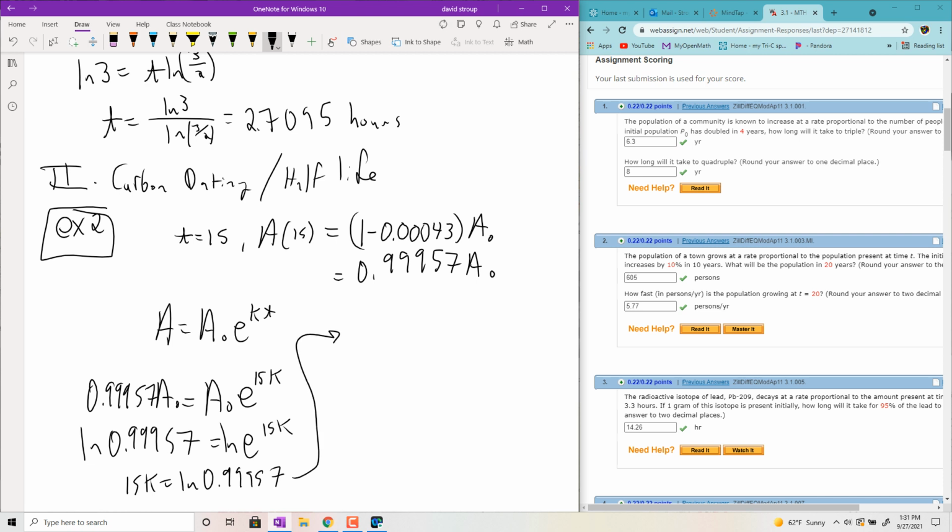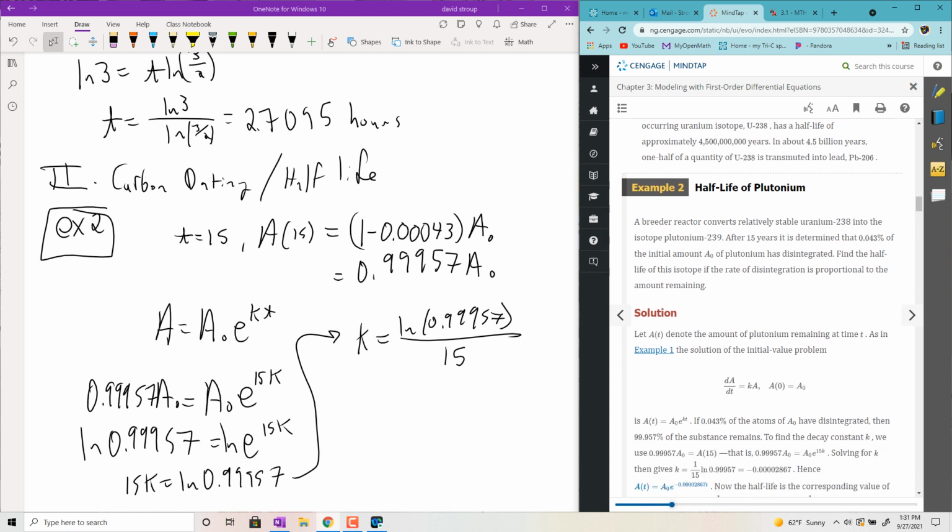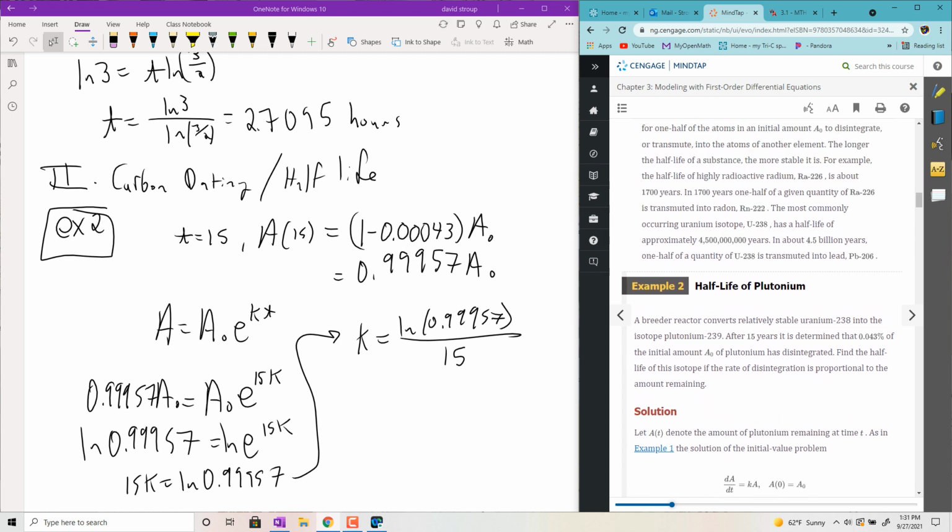Divide both sides by 15, so k will equal ln of 0.99957 all over 15. And then we should be able to use that expression to answer any questions they throw our way. So what do they want to know? They want to know, find the half-life. Okay. So to find the half-life, we don't even really need the initial amount.